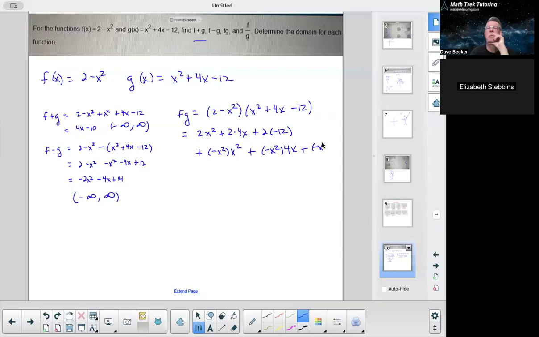You lost me on the second step of that. The 2 times 4x, where did the x squared go? So you have 2x, so 2 squared times x squared. Then 2 times 4x, then 2 times negative 12. Oh, okay, so you just FOILed. Yeah, and then I have to do the same thing with negative x squared times everything in here.